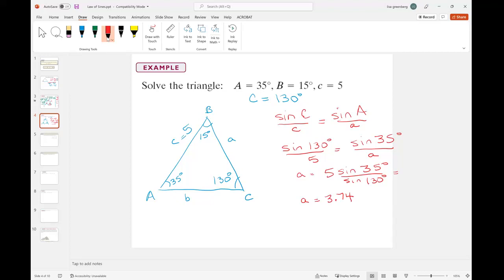Okay, so let's say it is true. Okay, and then again, this is one set of values.